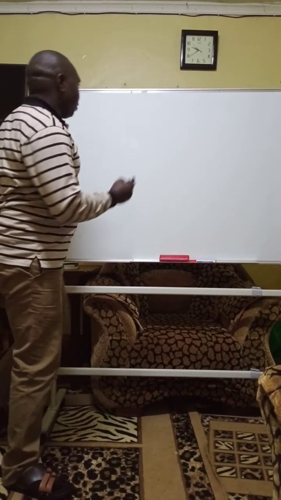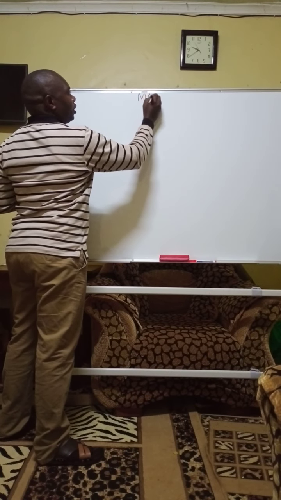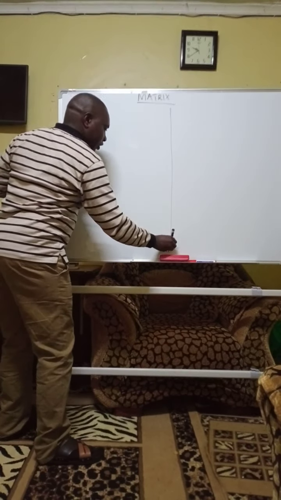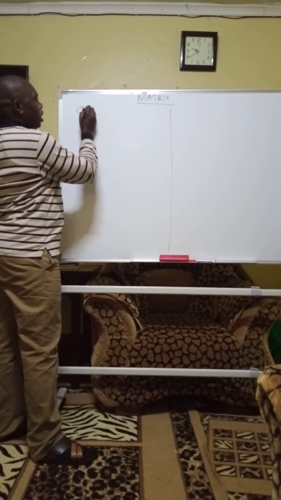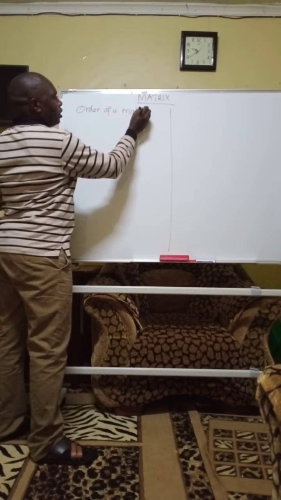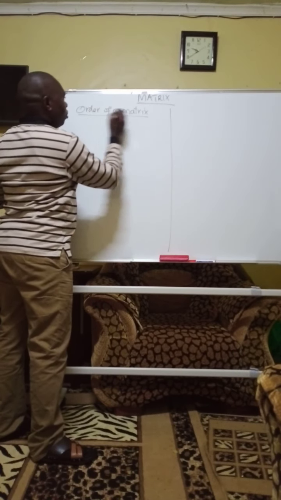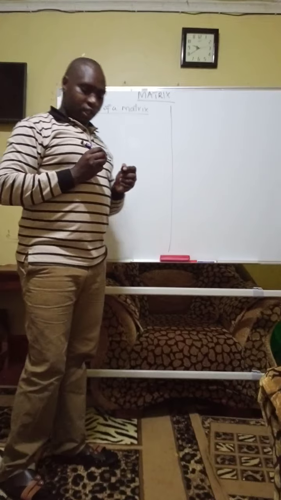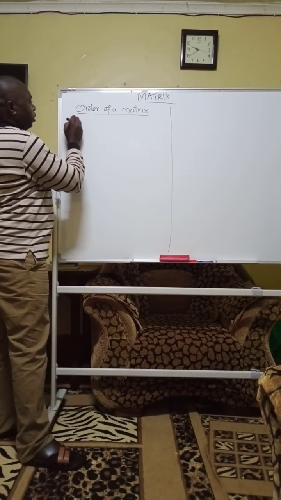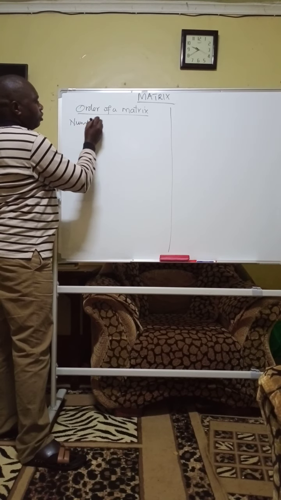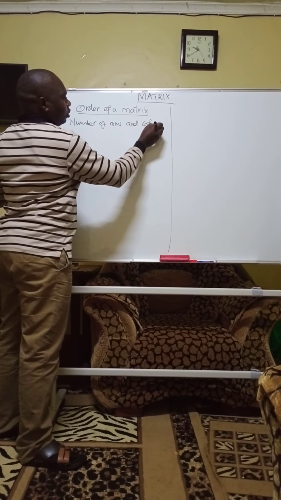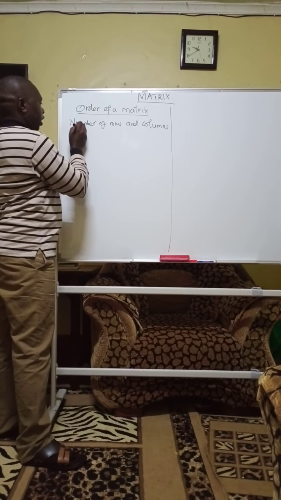Now, as I've said, we are going to look at matrices, and I'm focusing my lesson on the order of a matrix, and we need to ask ourselves what is the order of a matrix. Now, the order of a matrix is basically the number of rows and columns of a given matrix.